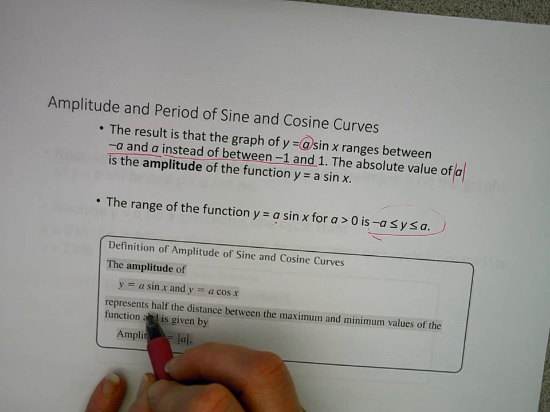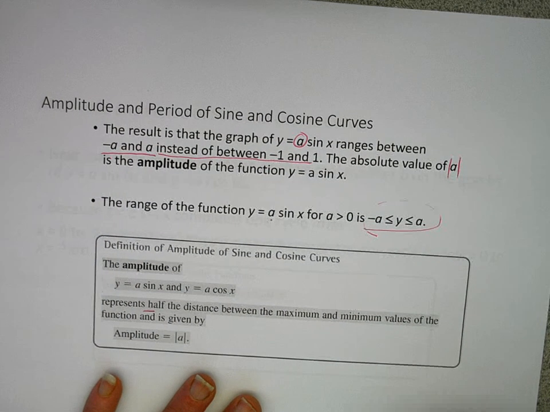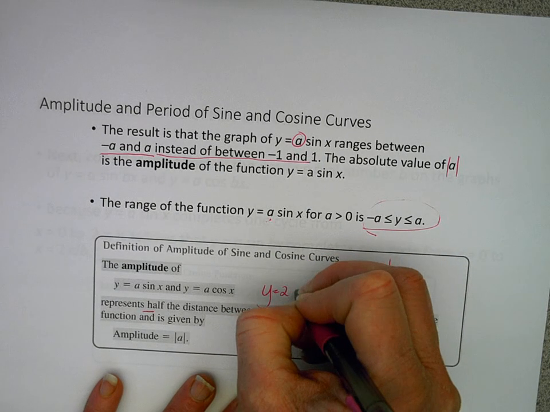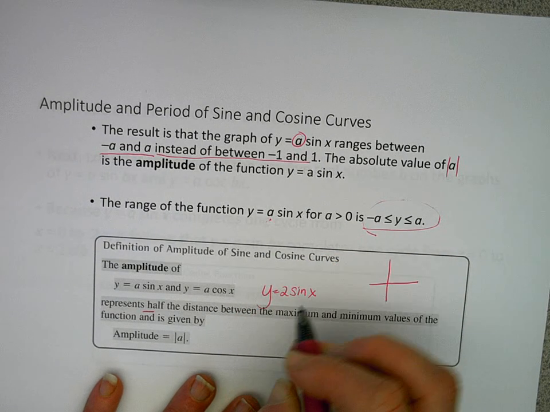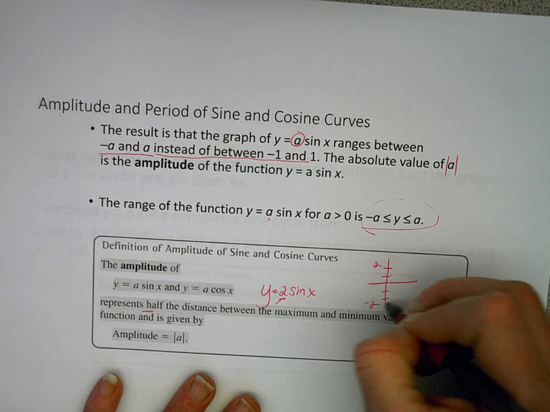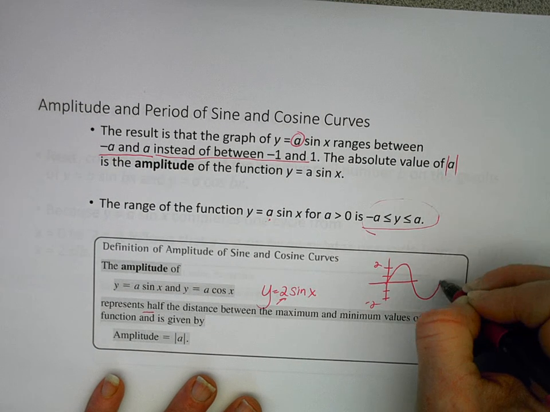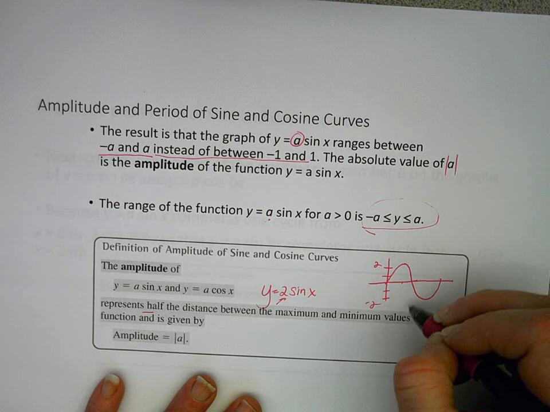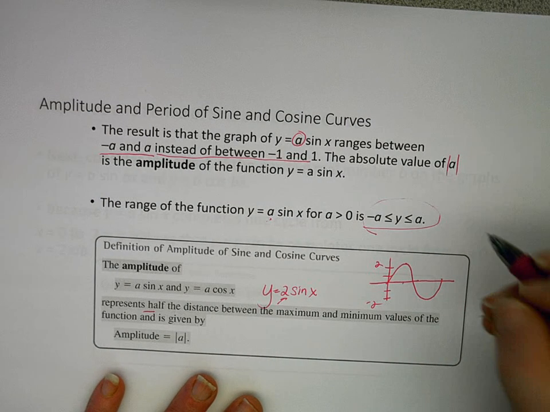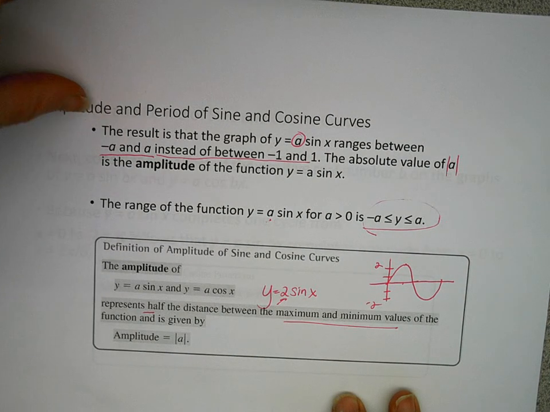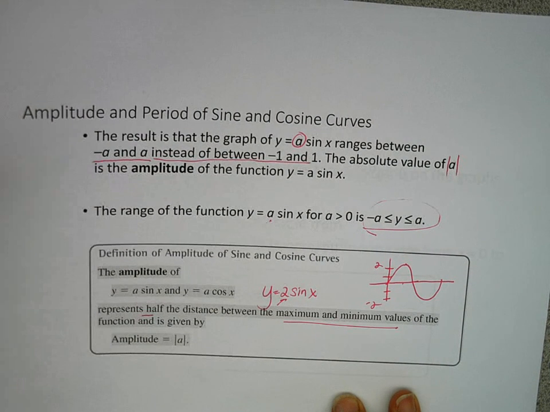It represents half the distance between the maximum and minimum. So again, if your amplitude is 2, and remember that's your amplitude, you're scaling your y-axis to negative 2 to 2, and when you graph this, just a little sketch really quick, the distance is half. So yeah, the whole thing is 4 apart, but your amplitude is half the distance from the maximum to minimum. So we'll review that because we're going to be using that today.